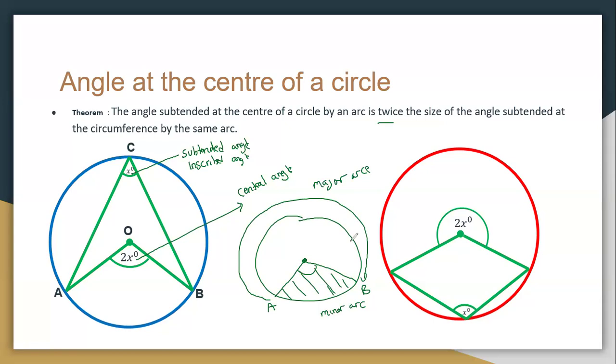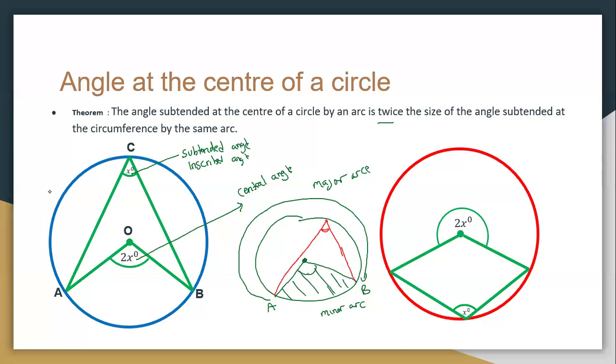Now, for any angle we form on the major arc, as long as it comes from A and B, that angle will always be half the angle we have at the center. Take an example. When I draw a line from A, and another line from B like that, the angle I form here is always half the angle I have at the center.